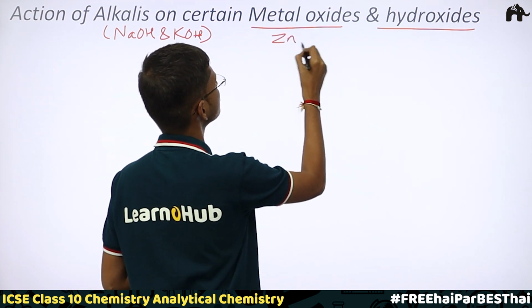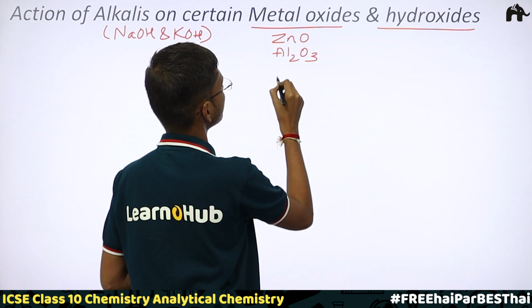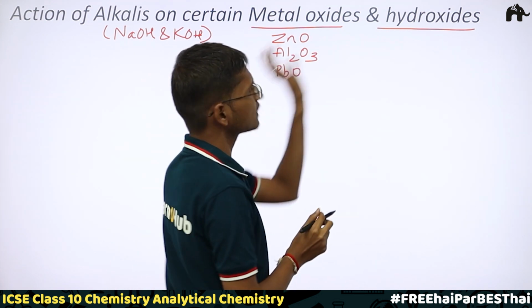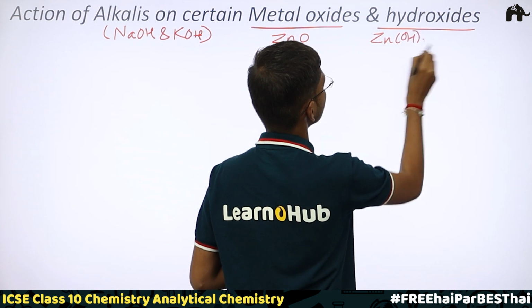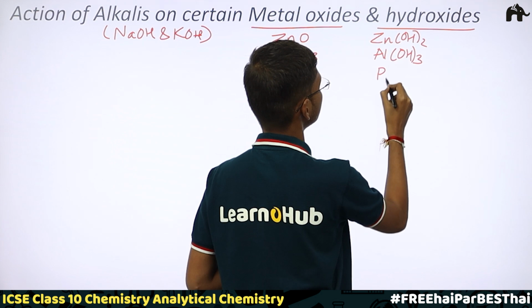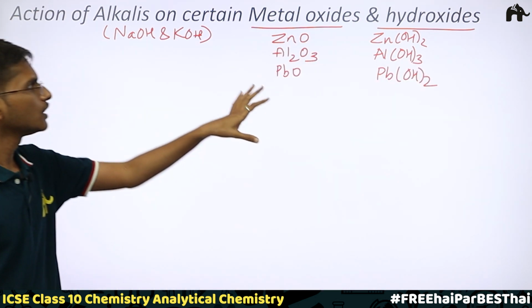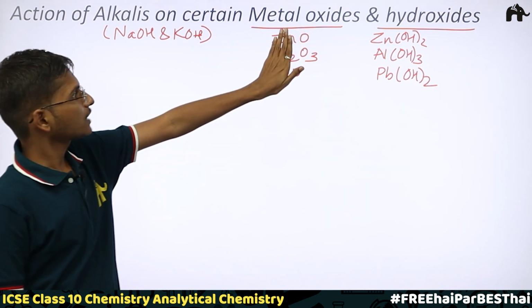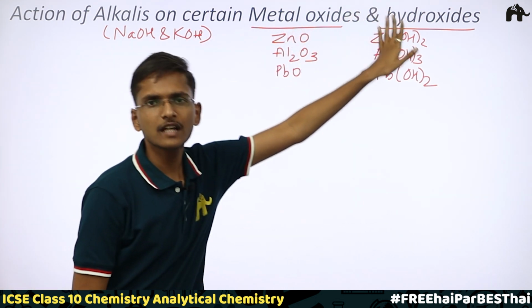We are talking about these metal oxides: zinc oxide, aluminium oxide, and lead oxide. And the metal hydroxides: zinc hydroxide, aluminium hydroxide, and lead hydroxide. So how would be the action of NaOH and KOH on these oxides and hydroxides?